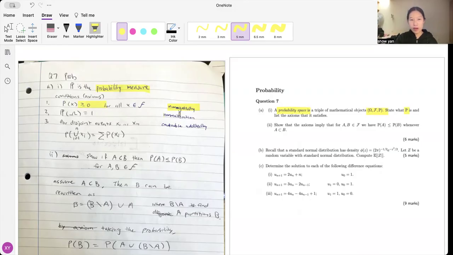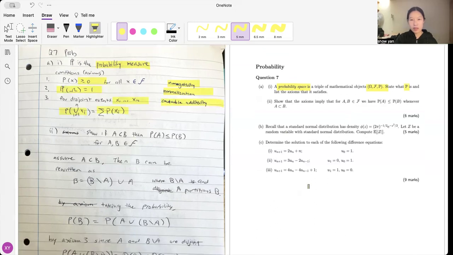The second one is normalization, which basically means if we have the entire space, then the probability would be one. And the third one is called countable additivity. Basically, if we have disjoint events X1 all the way to Xn, then the probability of the union of these events equals the sum of their probabilities, because since they're disjoint, there's no overlap. That's the idea. And part one is done.